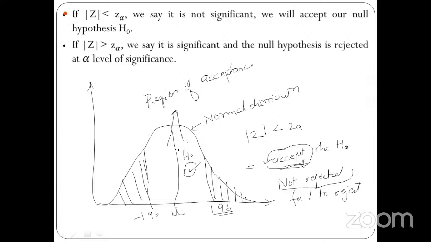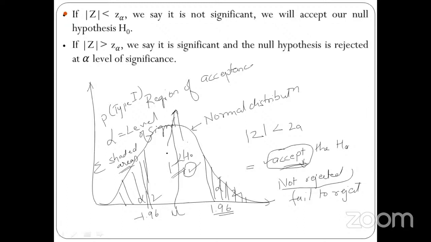So this region is called alpha. This is 1 minus alpha. These two regions are alpha by 2 each. Alpha is the level of significance by definition. Mathematically, it is the probability of type 1 error. Graphically, it is the summation of shaded areas.